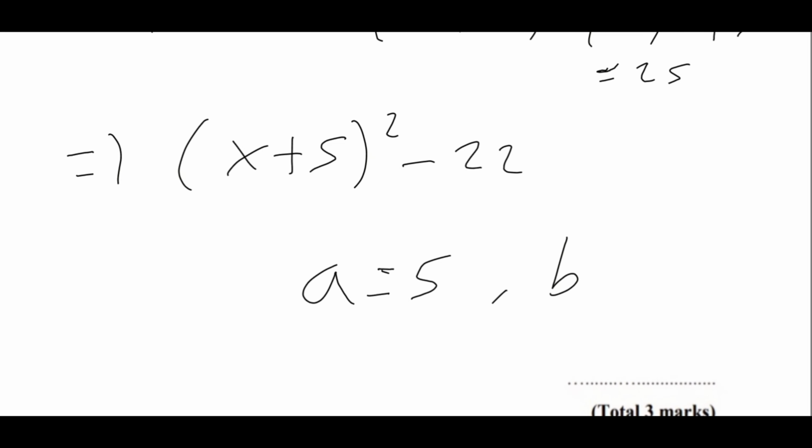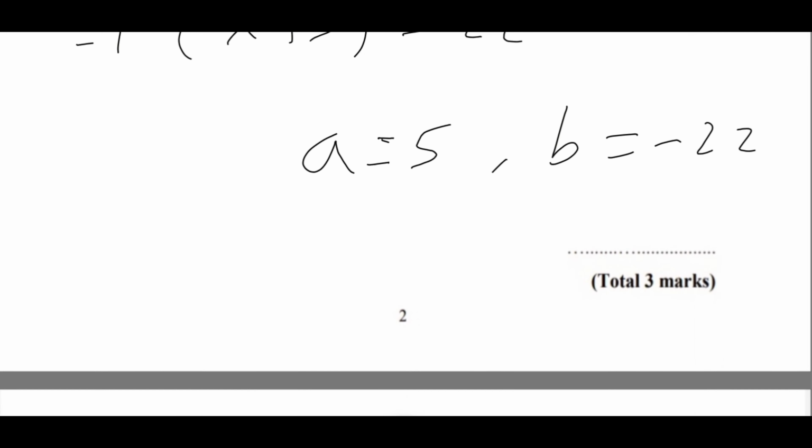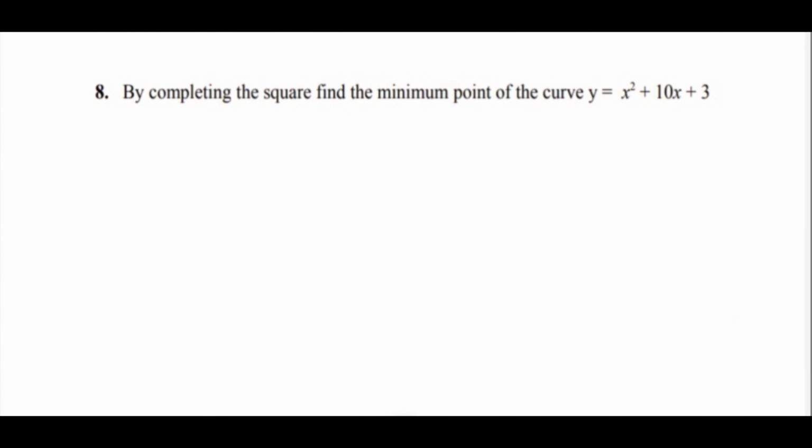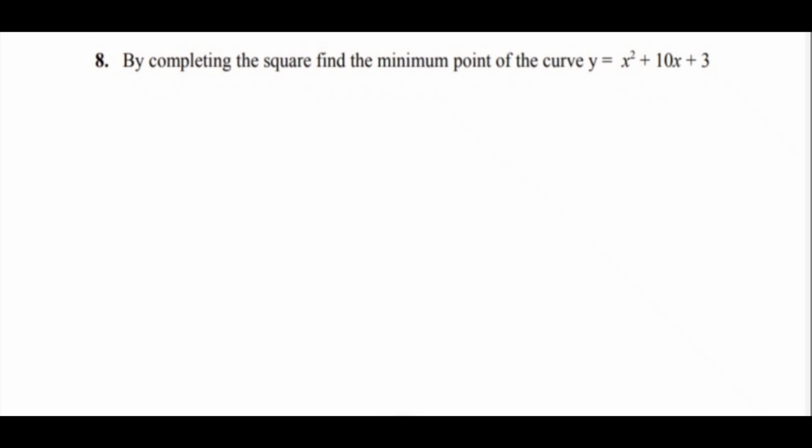Now we're going to move on from this to a graphical version of this question, so you guys understand how this works graphically and why we actually complete the square. So the question says, by completing the square, find the minimum point of the curve y = x² + 10x + 3.